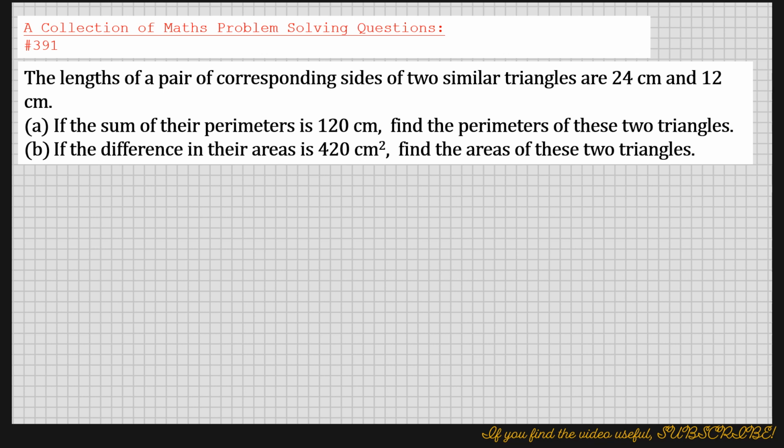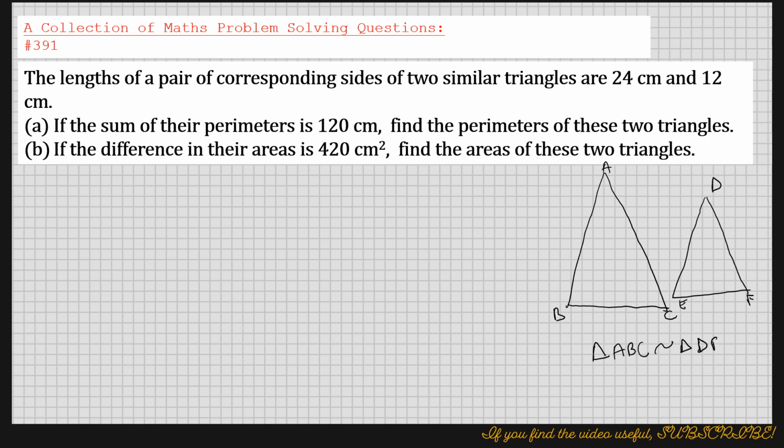So if we draw the triangles, a rough drawing just to get a sense of the sides, and if we name them A, B, C, D, E, F, and I write triangle ABC is similar to triangle DEF, and BC suppose is 24 centimeters and EF suppose is 12 centimeters.